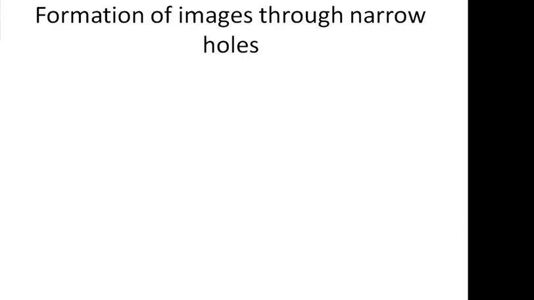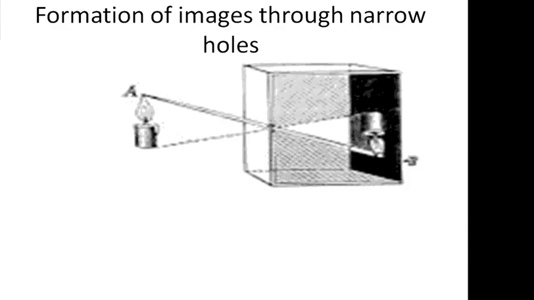We will do an experiment like we see in the picture here. Remove a side of the box, then paste a piece of semi-transparent paper instead. Bore a small hole in the side opposite to the semi-transparent paper side.